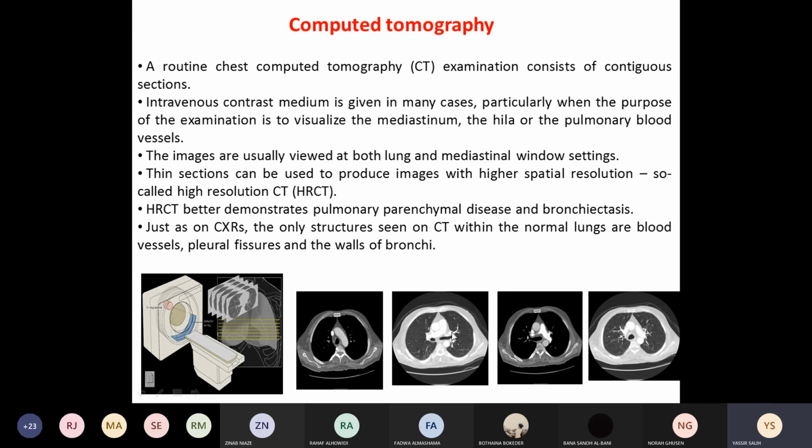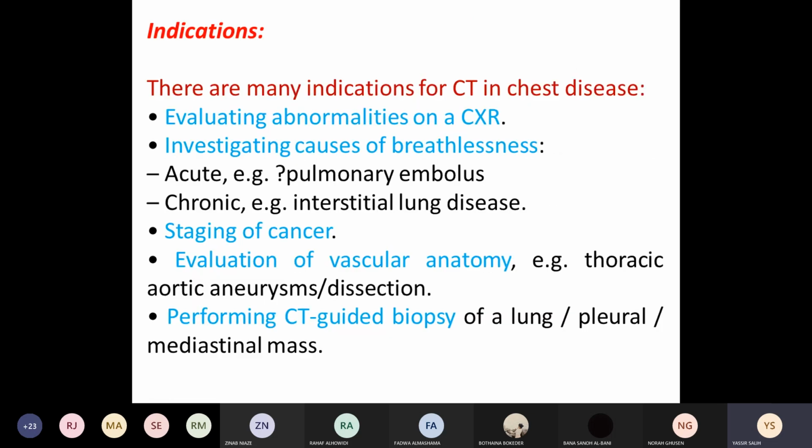And also you can see the fissure. Normally you can see the fissure. يعني sometimes you can see the fissure and also the wall of the bronchi. The wall of the bronchi can be seen. These are the structures that normally seen, the same structure that's seen on the chest X-ray.